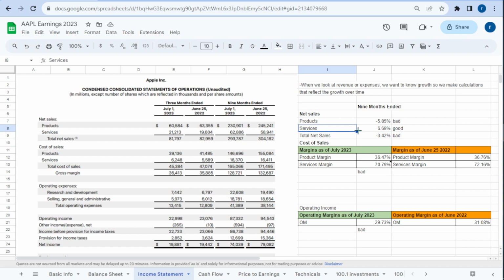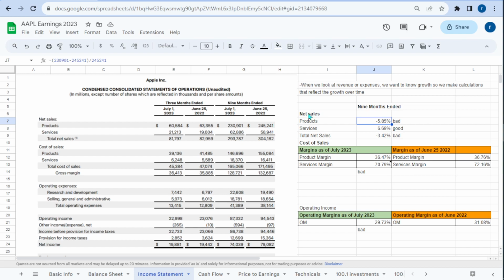So, this is what we're doing. We're basically taking this amount and then we're subtracting it from the prior year, and then we're dividing it by the prior year amount. So that is actually going to give us our growth or decline.